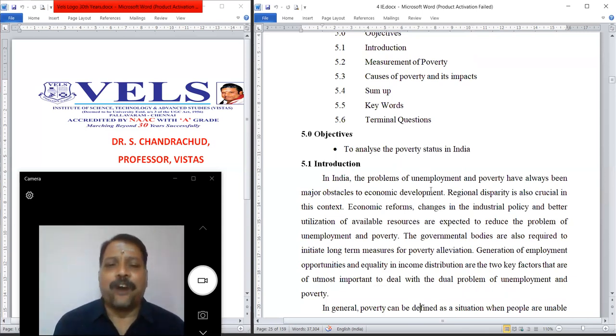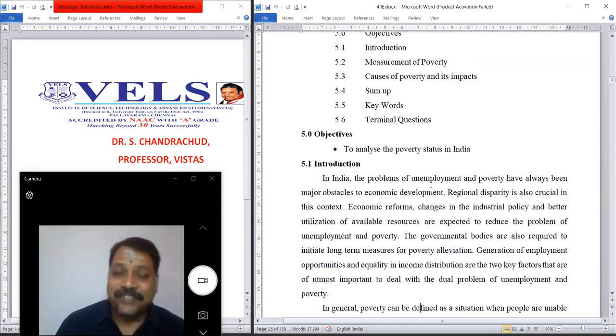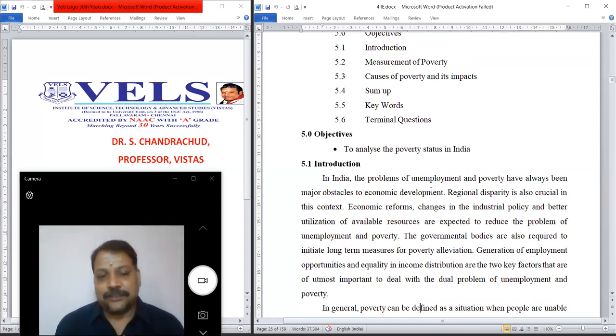The economic reforms, changes in the industrial policy, and better utilization of available resources are expected to reduce the problem of unemployment and poverty. The governmental bodies are also required to initiate long-term measures for poverty alleviation.